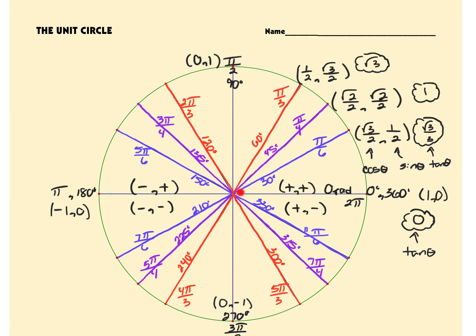That would mean that when we get up here, the slope of the y-axis should be undefined. And sure enough, 1 divided by 0 is going to give you an undefined value for tangent. So if you want to write that down, that's a nice little reminder that tangent is undefined at pi over 2. Okay, that is our unit circle.